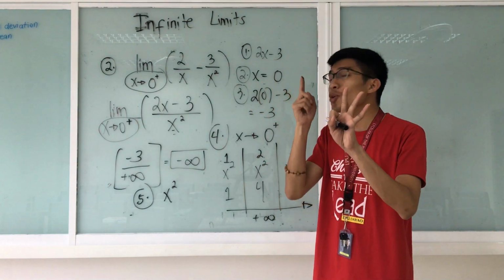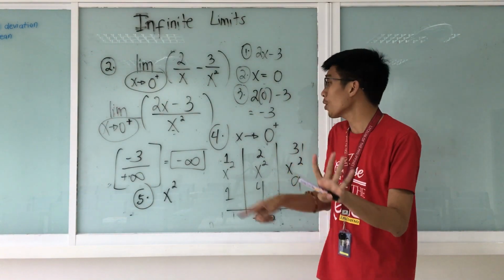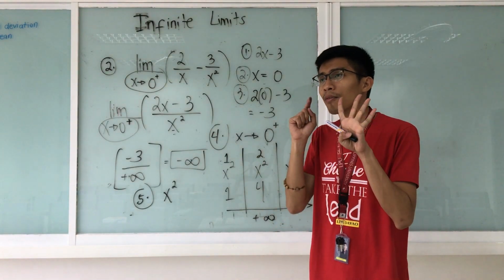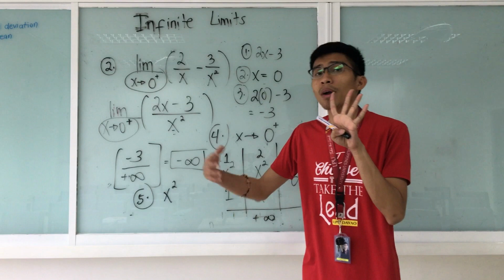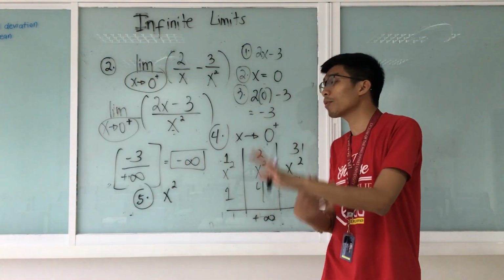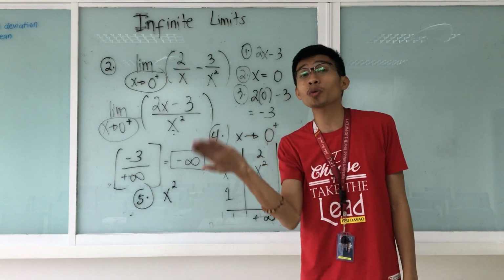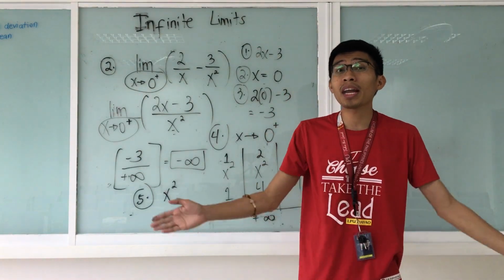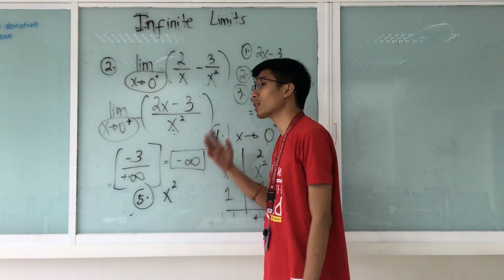Step number 3, you substitute step number 2 to step number 1. Step number 4, you find at least 3 numbers where your x approaches to the right and to the left. And step number 5, you get your denominator and substitute your chosen numbers from step number 4. Afterward, you divide the sign, and there you have it. You have a negative or positive infinite.